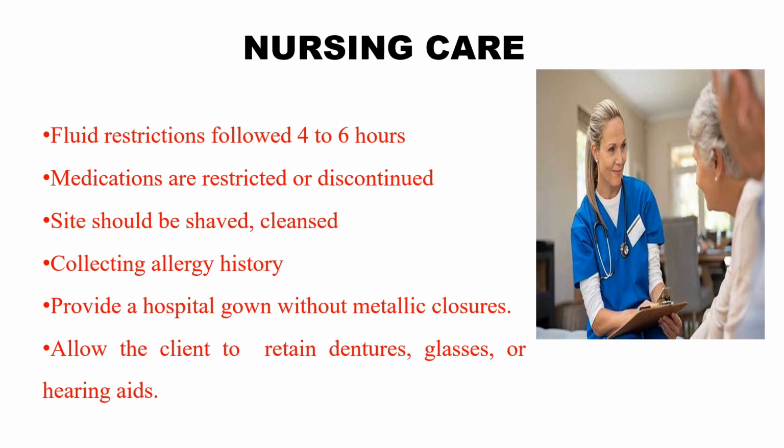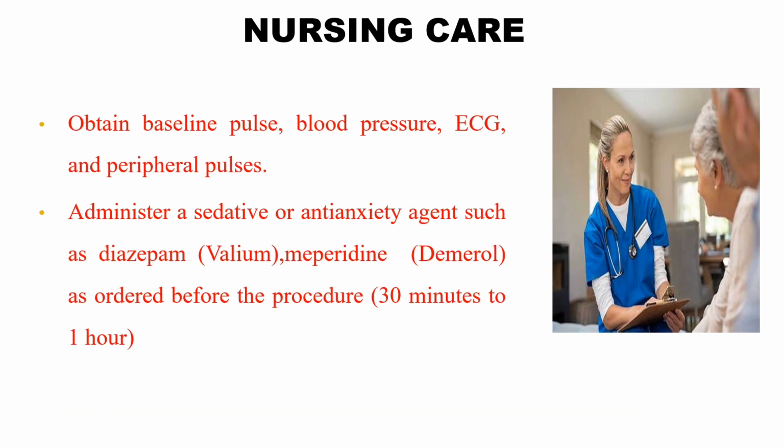Ask the client about any history of allergy, like iodine-based contrast agents. Next, provide hospital gowns without metallic closures. And after that, allow the client to retain dentures, glasses and hearing aids, as they do not interfere with the study. Obtain the baseline pulse, blood pressure, ECG and peripheral pulses, and mark the sites of peripheral pulses for comparison after the study.